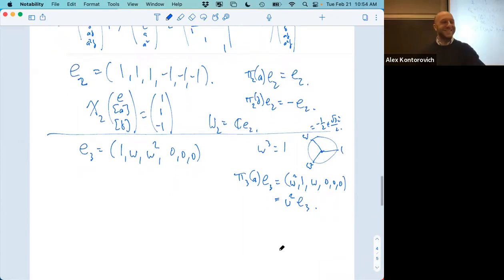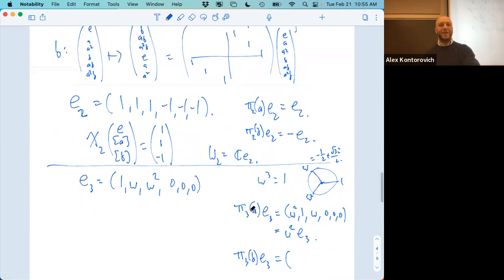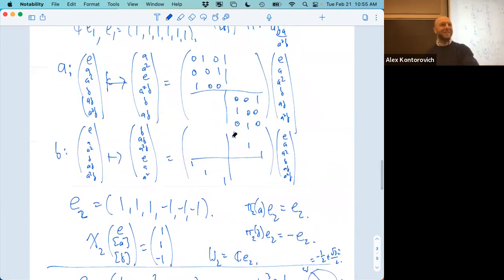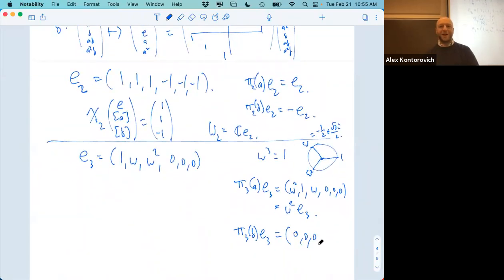Wait a second. It's not enough to see what pi of A does. We also have to know what pi of B does. Pi 3 of B acting on E3. What happens to E1? 1 times the indicator function of E becomes the indicator function of B when multiplied by B. So this becomes the indicator function of B, and then omega times the indicator function of AB, and omega squared times the indicator function of A squared B. But this vector is not in the span of E3.